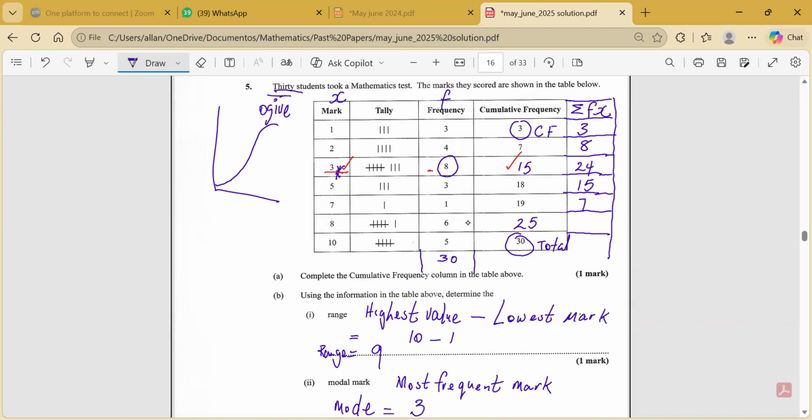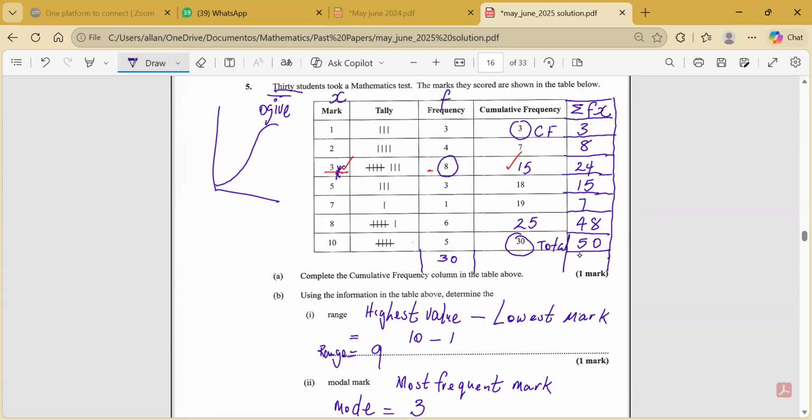Eight sixes are 48. 5 by 10, 50. Add them up.